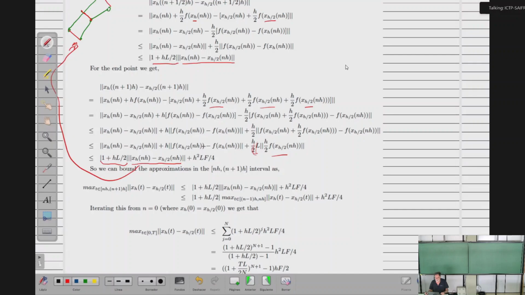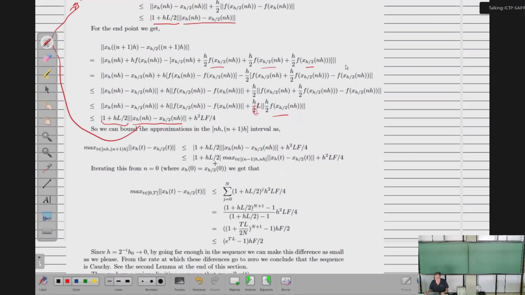So we are adding this one. So this is the maximum. So we can bound the distance between this one and this one in the whole interval. So we are maximum bounding the distance between this and this by this relation. So you have the maximum here is with respect to this distance plus something that goes like h squared, okay?